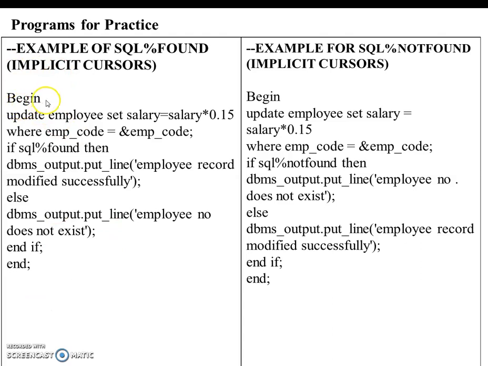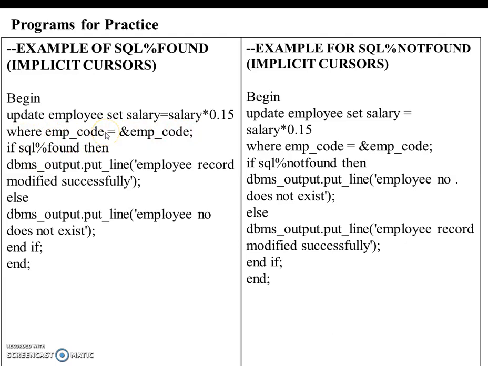Within this begin or executable section, you are performing an update on this employee table, and that update increments the salary by 0.15 for a particular employee with a matching employee code.